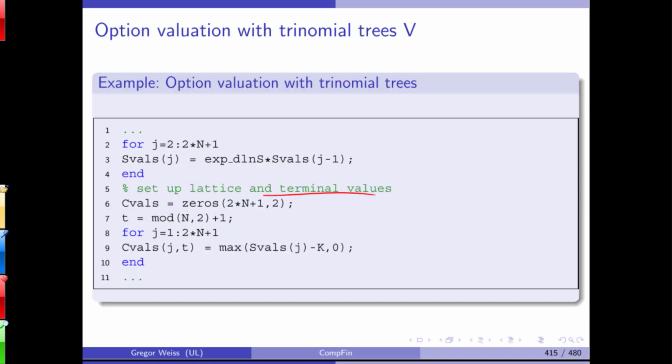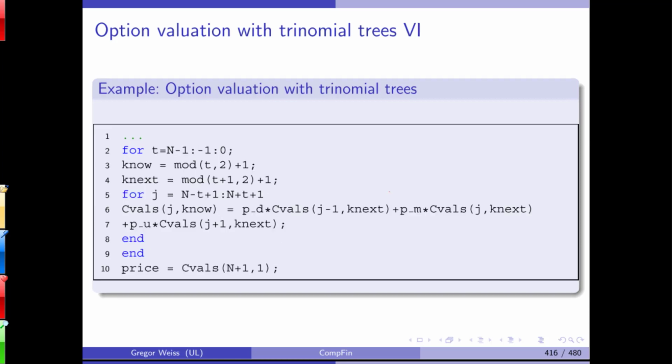So we set up the lattice, and then we can go backwards, and it's the very same: PD times the value of the option at time j minus 1 plus PM plus PU times the corresponding value of the underlying. If you, for example, have gone up j times, and if you have stayed the same, actually you don't need this.